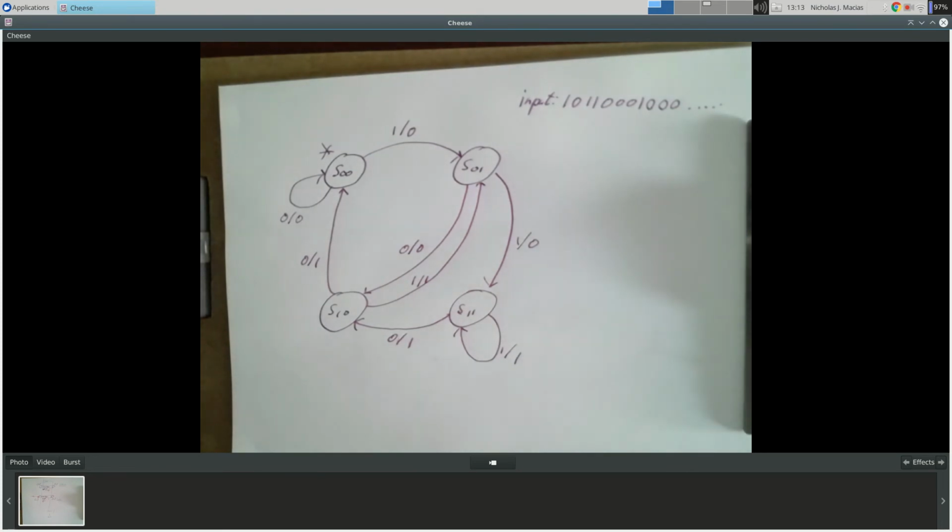So hard to get this. Okay. I think this is right. 0 always goes back to state 0, 0.